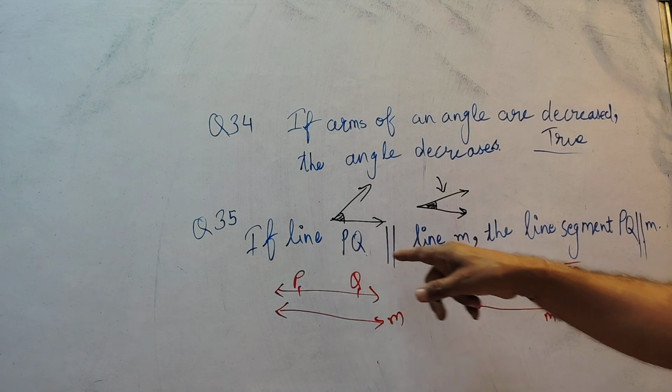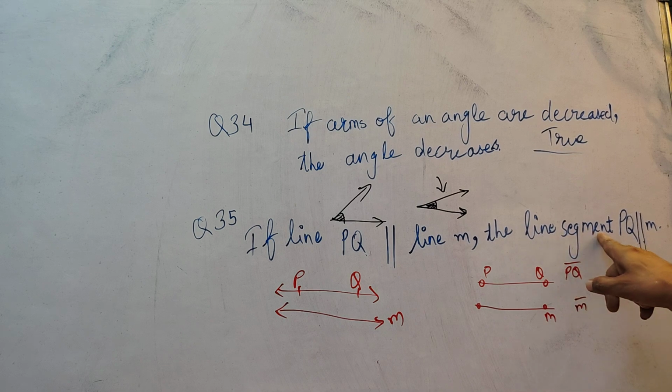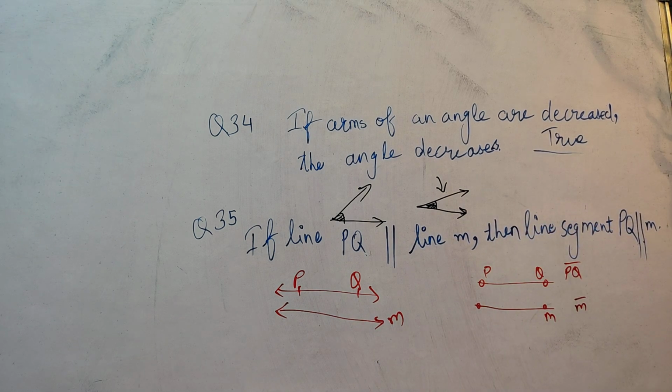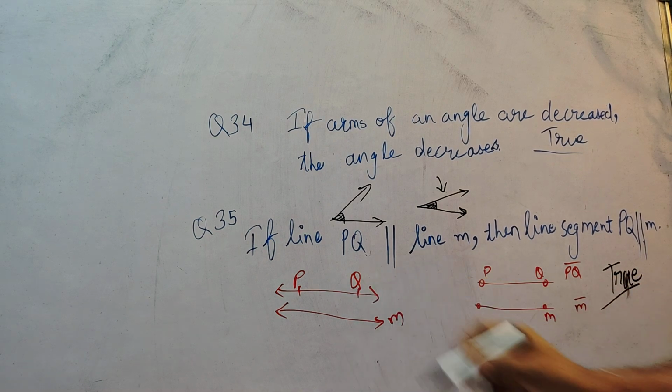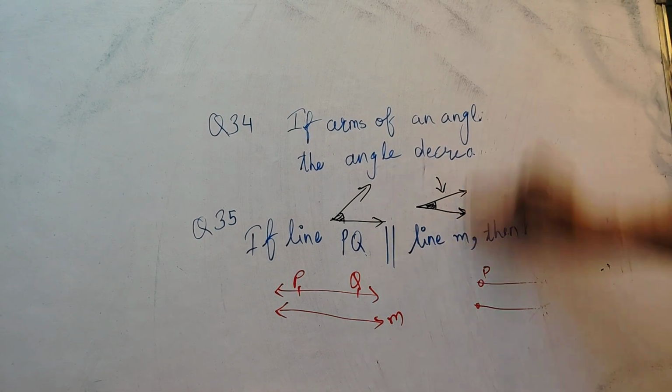The question is saying, if line PQ is parallel to line M, then line segment PQ is parallel to M. I think so. Yes. The whole line is parallel, then a part of the line is also parallel, because parallel does not change with length. So if we take a smaller length of this whole line, then they are also parallel. So that's why it is true.